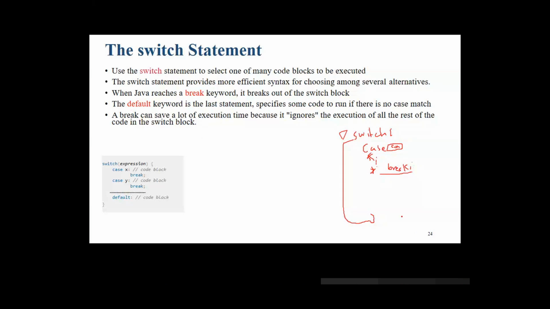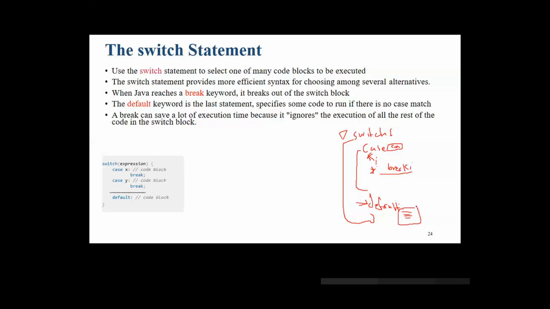Now the last one is called the default. Default means that this is the last option. If none of these cases happen, by default it will choose the one and execute the code in the default block. So the default is the last option.